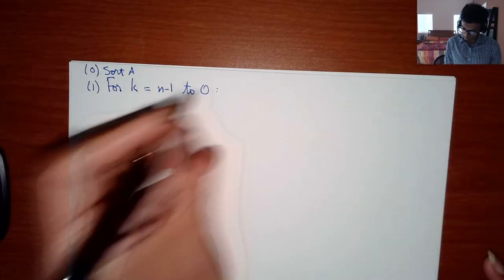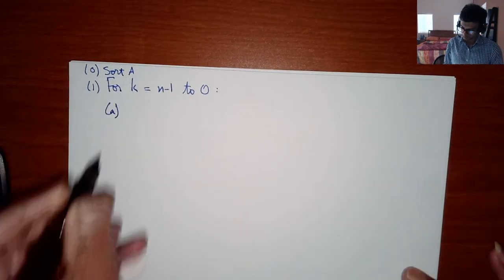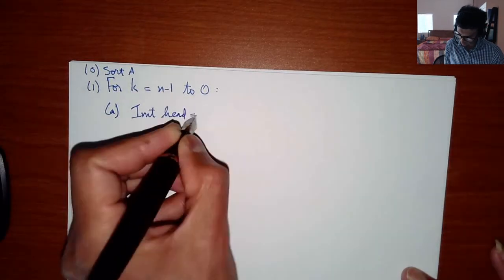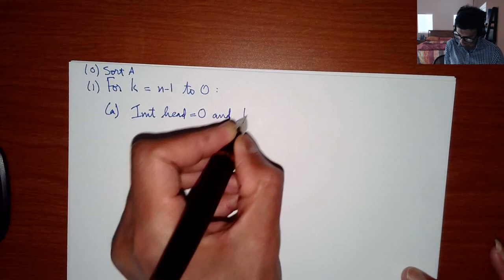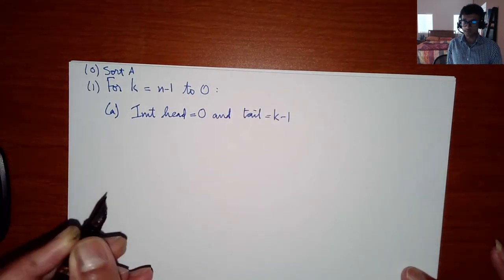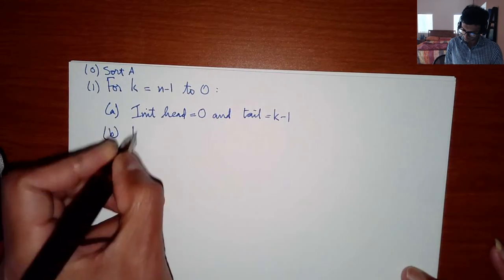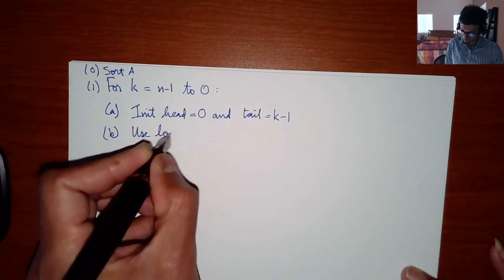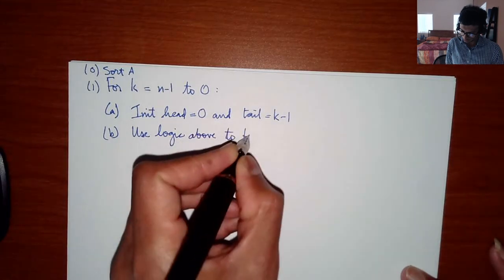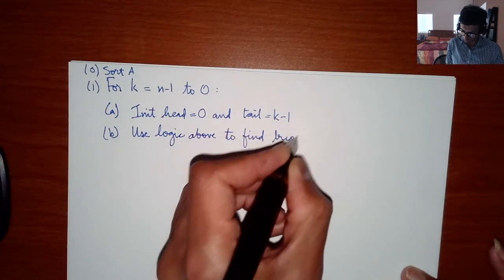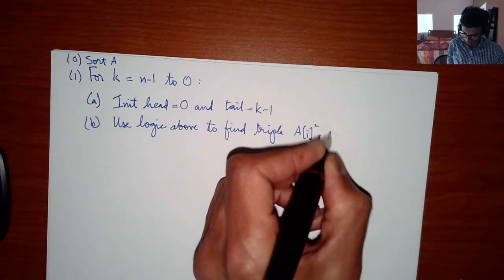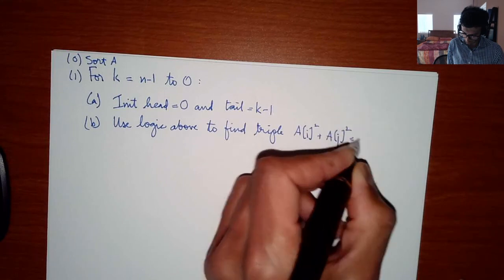Then what we do is we initialize the head to be 0 and tail to be k minus 1, and use the logic above to find a triple A_i squared plus A_j squared equal to A_k squared.